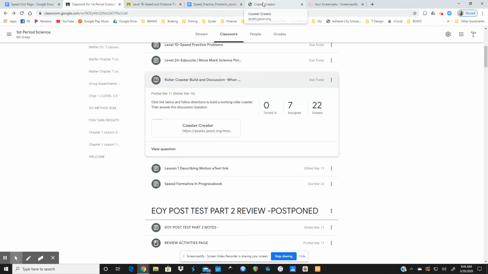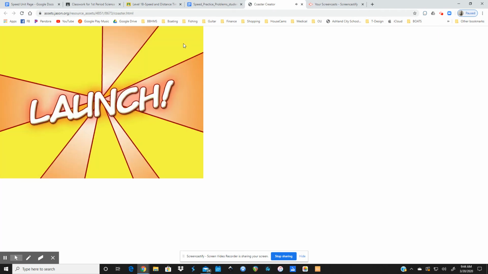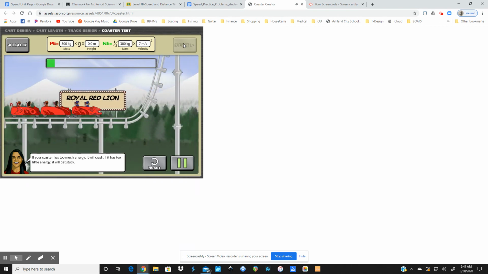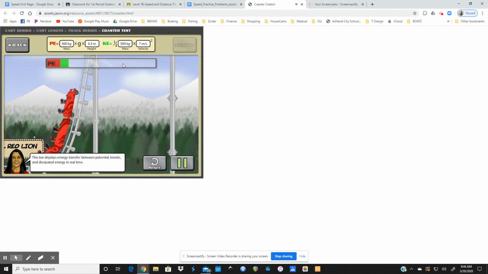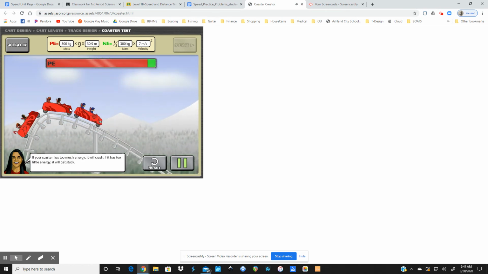You get to go on a roller coaster and build your own roller coaster. Here's mine. Would you like to see it go? Notice how the potential energy is greater as we get to the top of the hill.